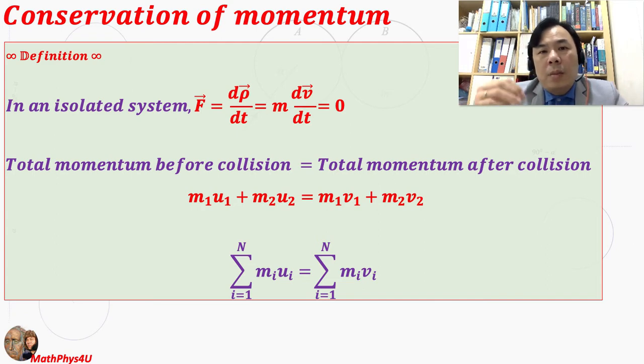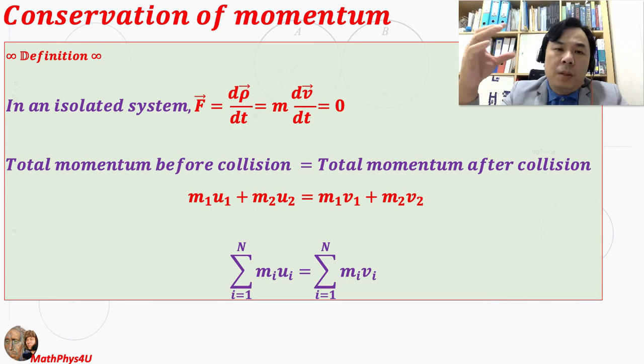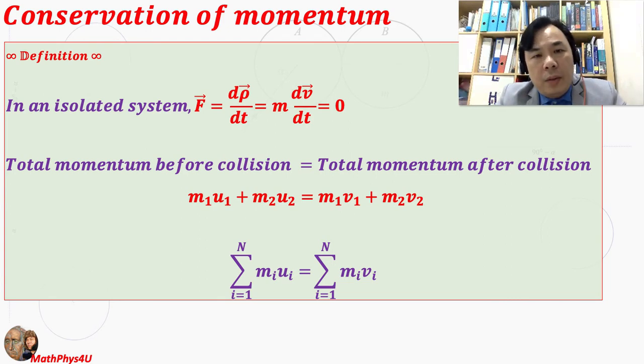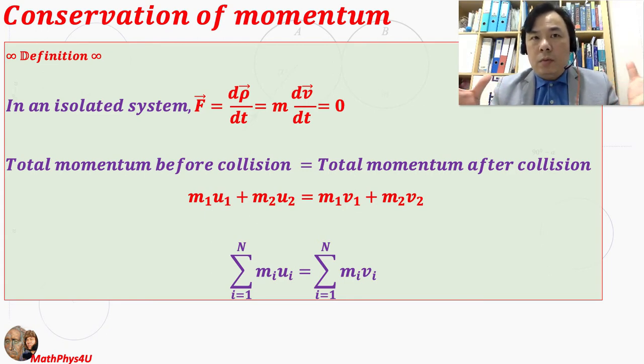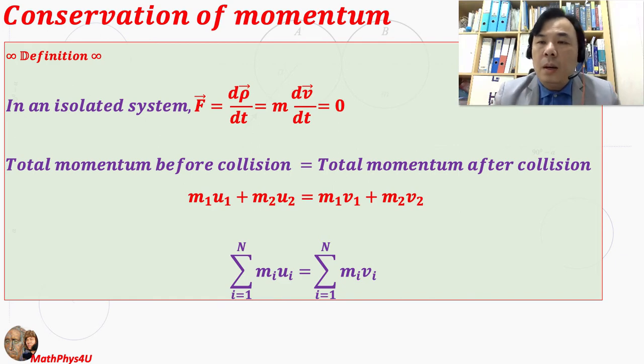For a mathematical analysis, we prefer to say total momentum before must be the same as total momentum after. But in physics, they will say that in a closed system, the total momentum for any collision would remain constant. The constant part basically means the total momentum before and after must be the same.